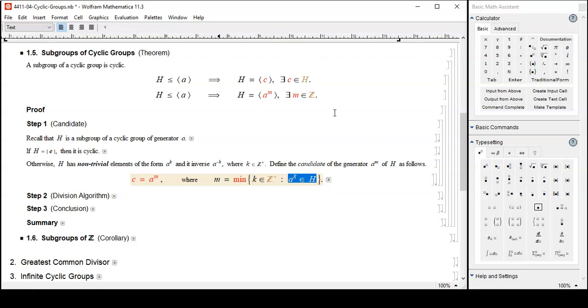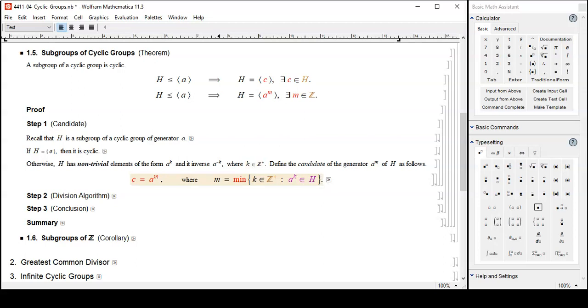We have this condition here, a to a certain power belongs to H. That's precisely what we discussed. A to the k power belongs to H. And then k is strictly positive. That's something we discussed too. So this non-trivial element means this set is non-empty.